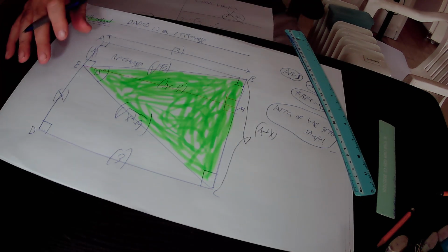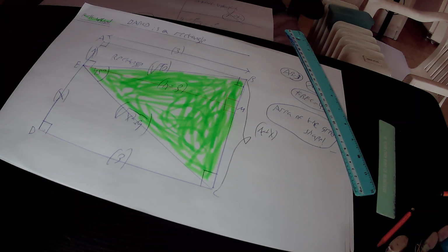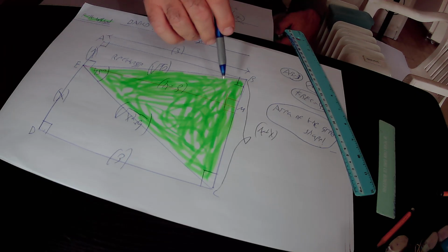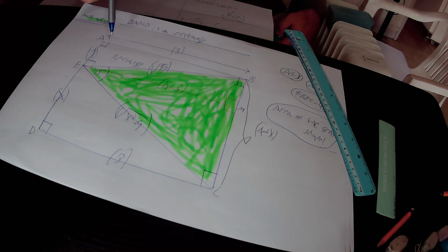This is ED equals x, and x equals 1.5 units in length. Our task is to find the area of this green shape. What is the green shape? The green shape is actually the green triangle EBC.